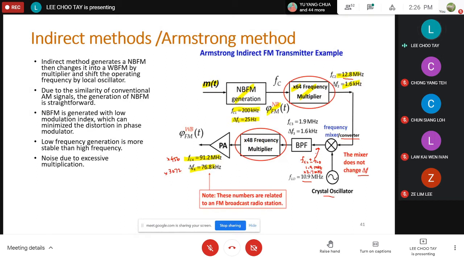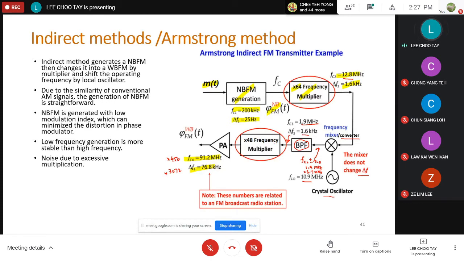Remember, we want to shift down our carrier frequency. Therefore, we make use of a bandpass filter to allow only the signal with frequency 1.9 megahertz to pass. So the output of the bandpass filter will be an FM signal where the carrier frequency is 1.9 megahertz, and the frequency deviation has no change, 1.6 kilohertz.